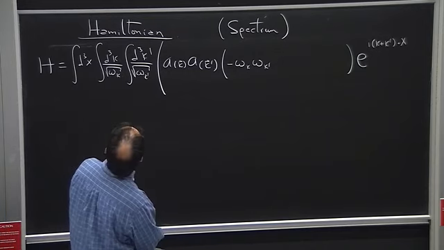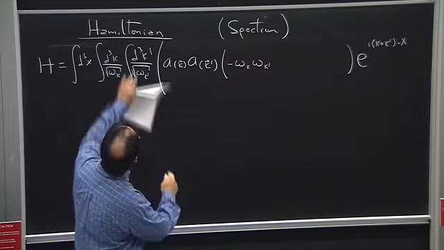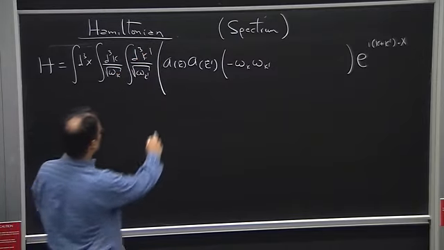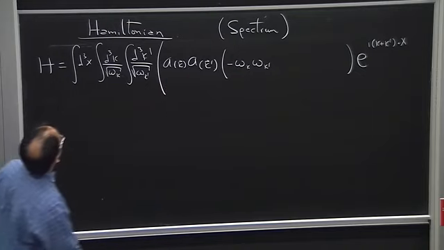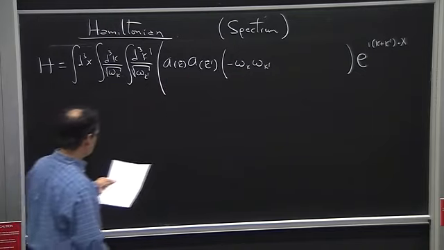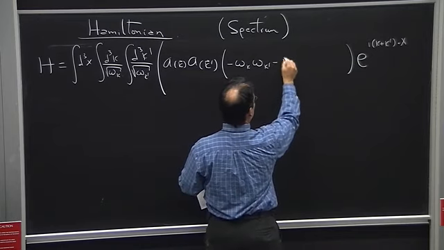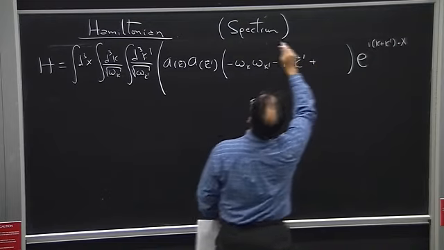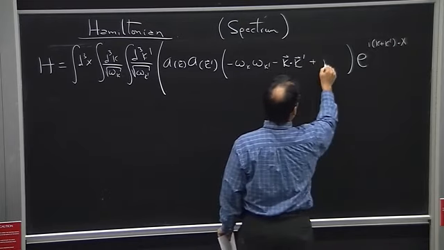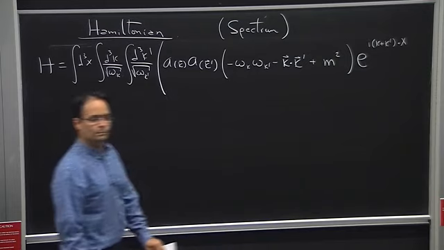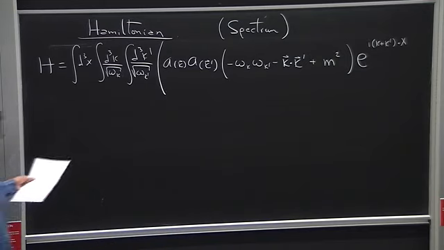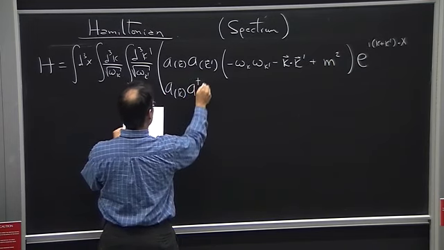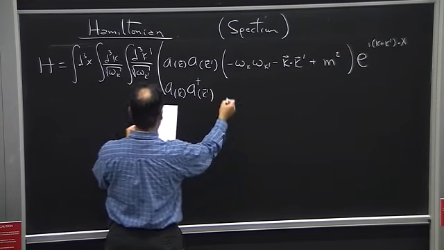Now, we can also get a contribution coming from the gradient of phi squared, which will contribute to the a a term. So from the gradient of phi, we're going to get something that has the inner product of k and k prime. And of course, we're going to get a contribution from the phi squared term, and that contribution will be m squared.